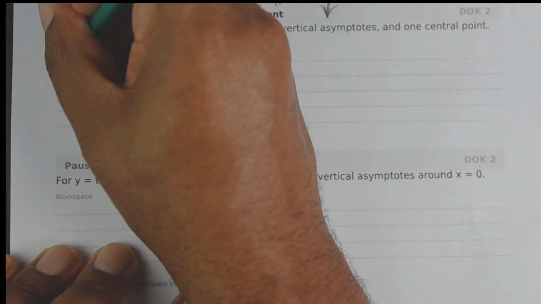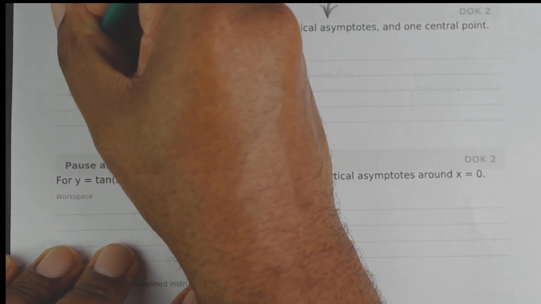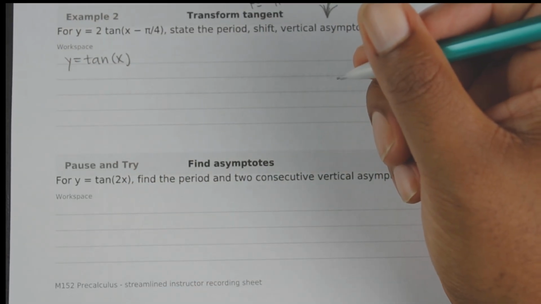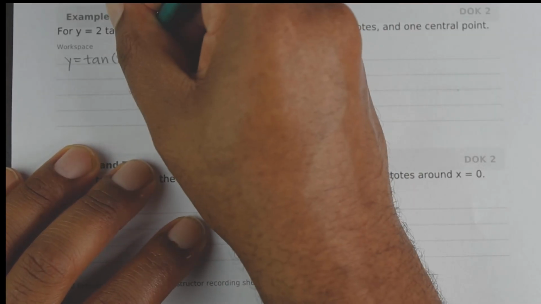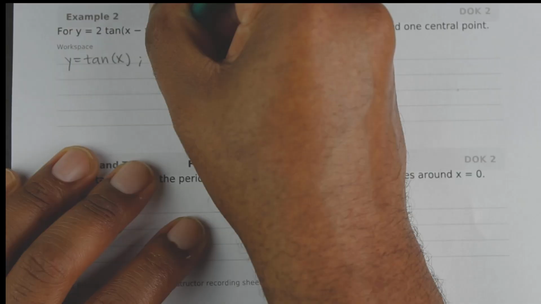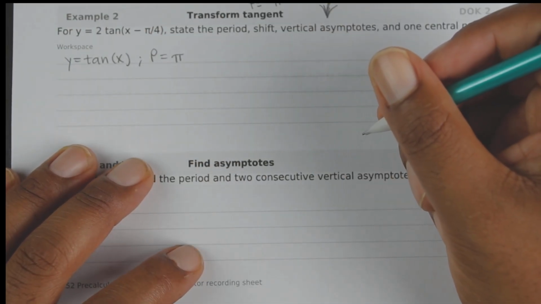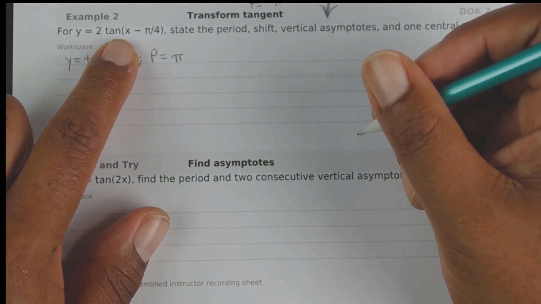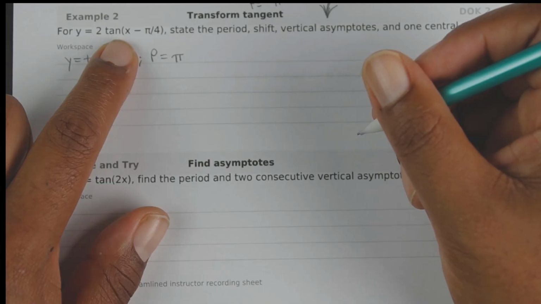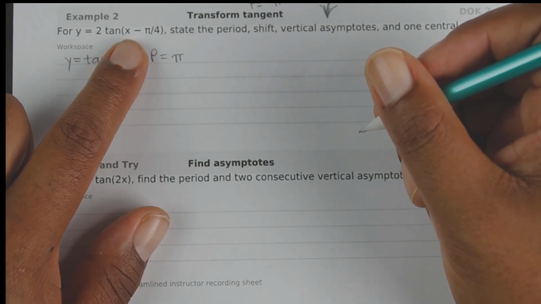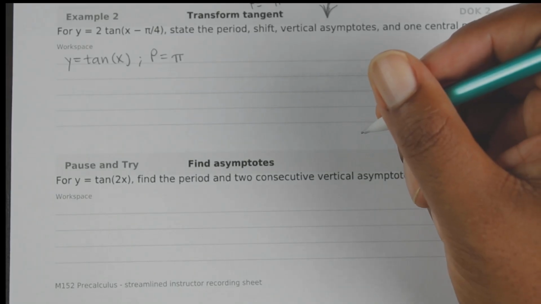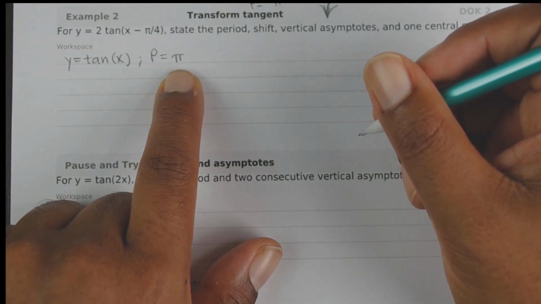So again, the parent function is y is equal to tan x, and the parent function has a period of pi. In this equation, the coefficient of x inside the tangent is 1, so the period is going to stay the same.